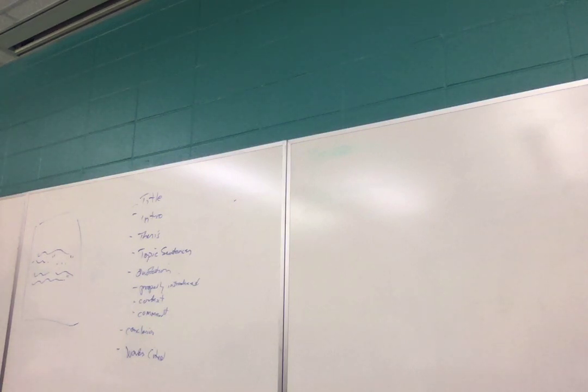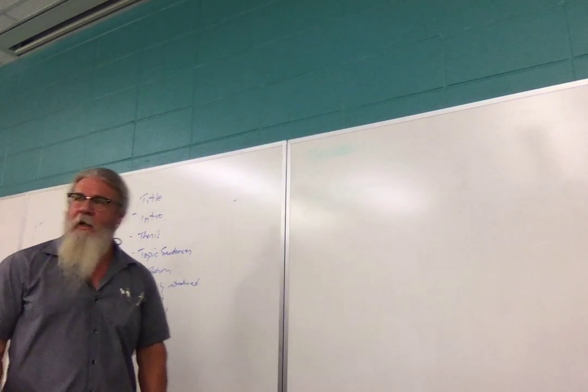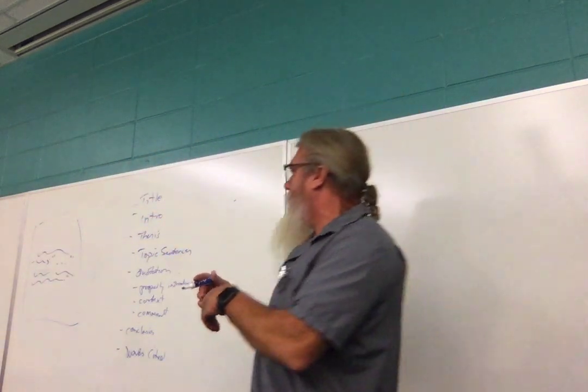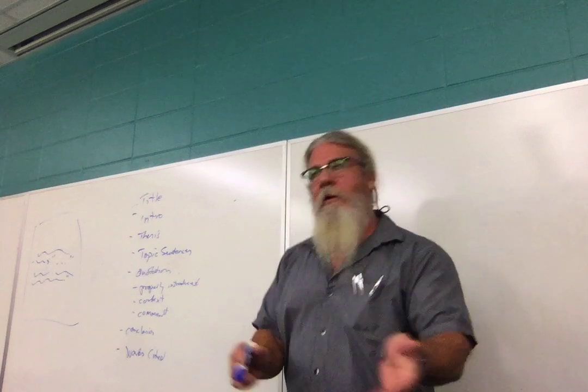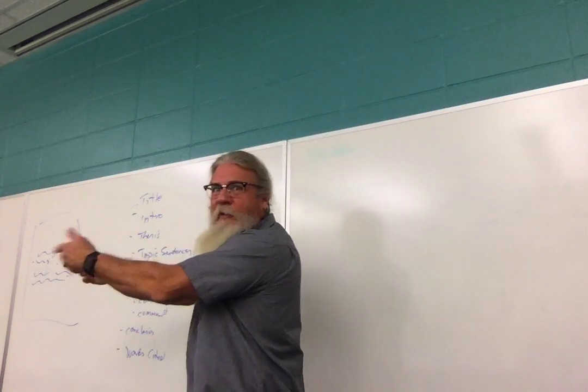What you want to do is anchor that quotation. How? You use some kind of introductory comment, which means you don't have a period at the end. You're either going to have a comma or a colon. That introductory tag tells your reader, okay, I'm going to quote now, this is coming.